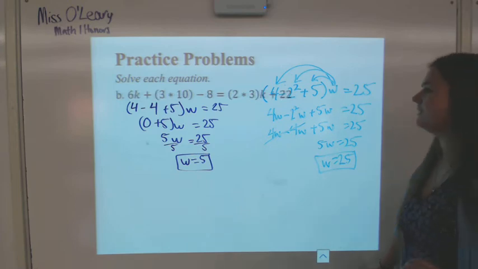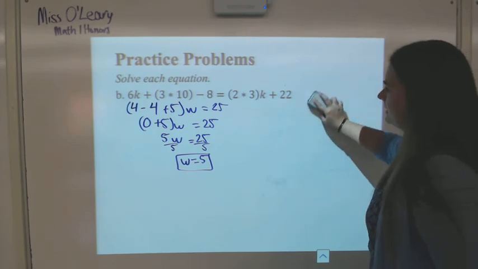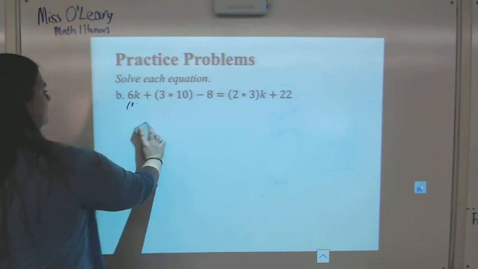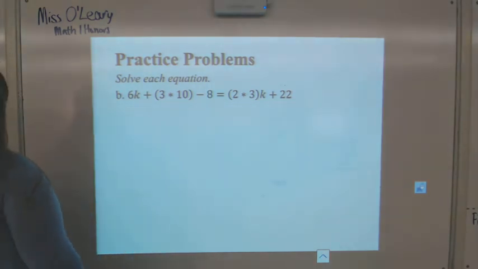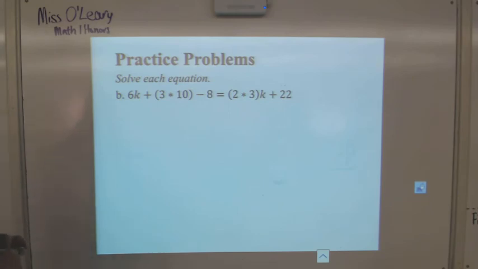Let's look at another one now. I have this next equation: 6k plus 3 times 10 minus 8 equals 2 times 3k plus 22. Well, first thing I'm going to do is deal only with the left half, with my expression on this side of the equal sign, and I see a grouping symbol to deal with.